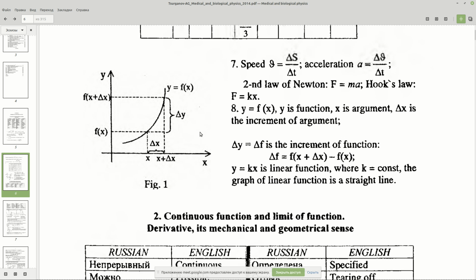the difference between the changing replacement of the body in some units of time. So you need to divide the change of your coordinates, how much they move.